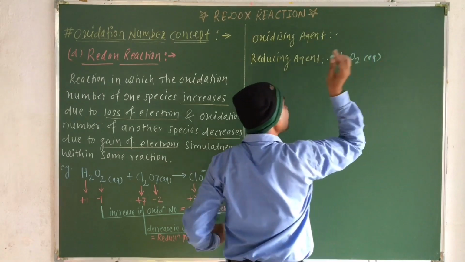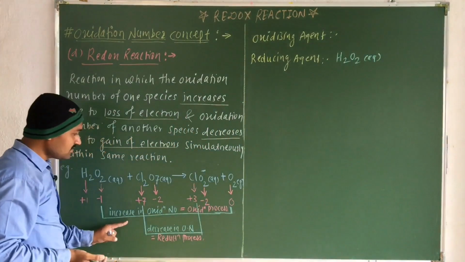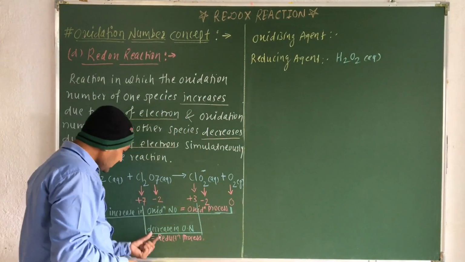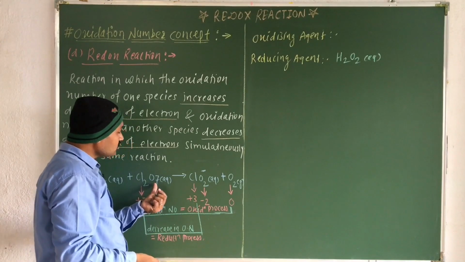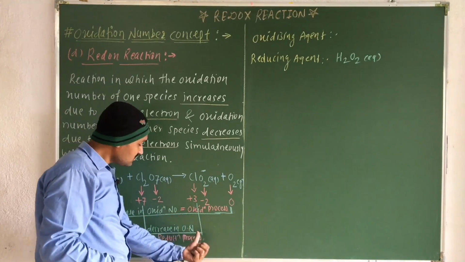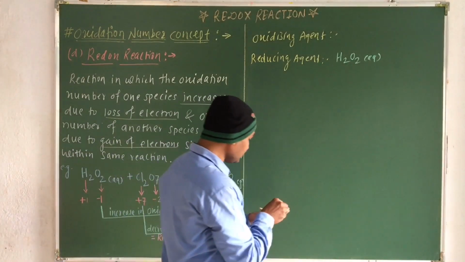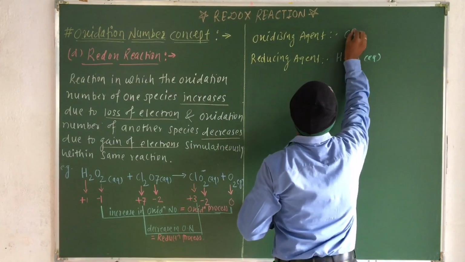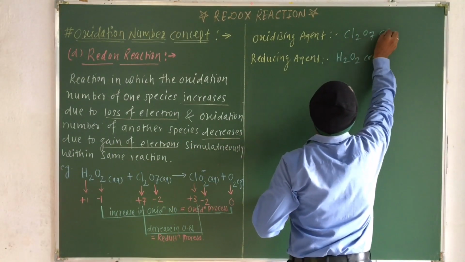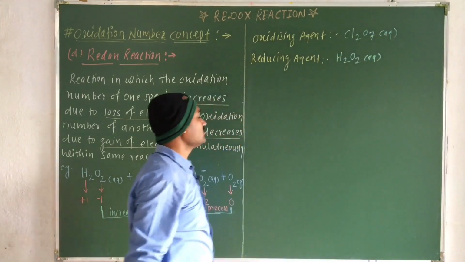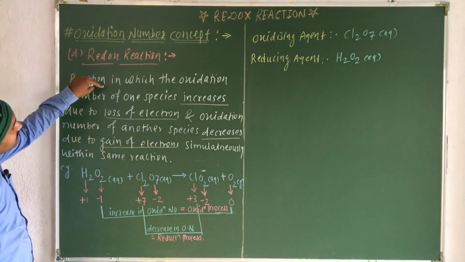Now here your ClO2 undergoes reduction process, so it will act as an oxidizing agent, that is Cl2O7 aqueous. So this is about your redox reaction.